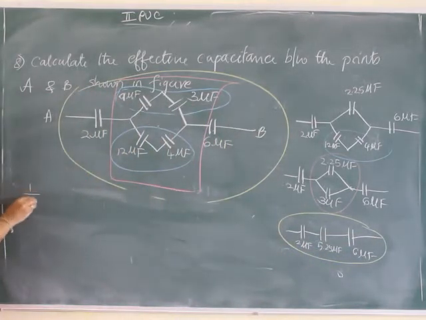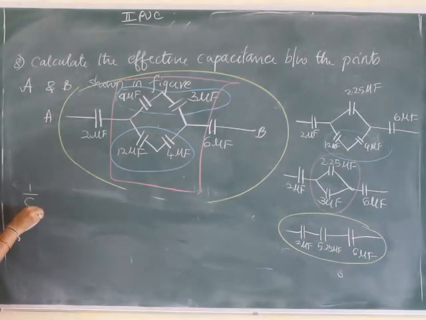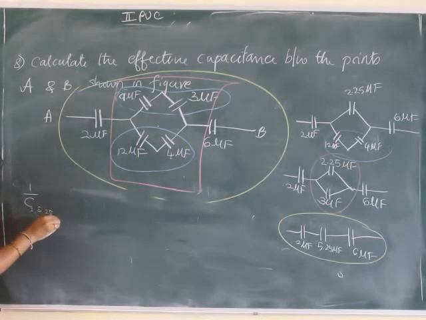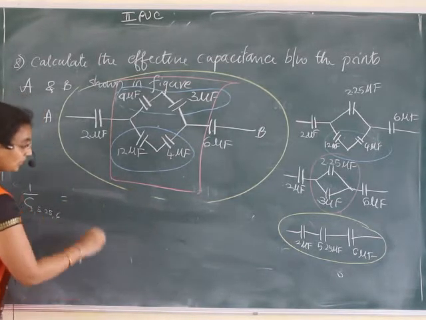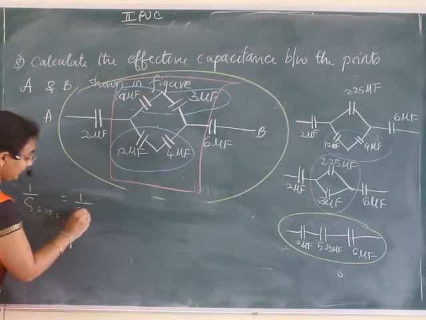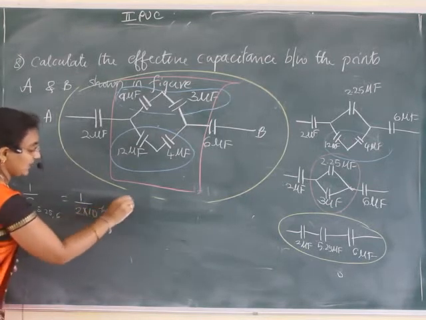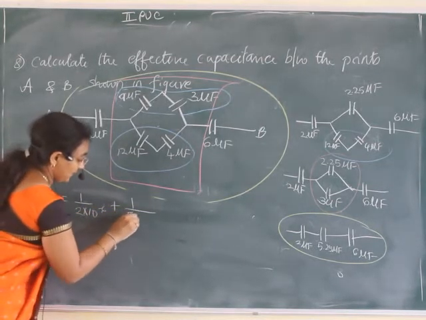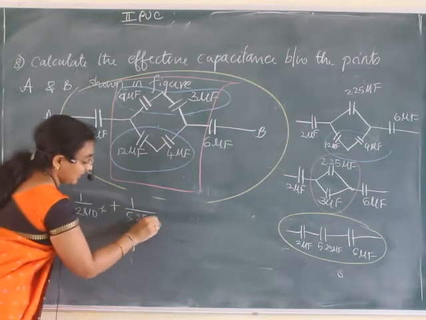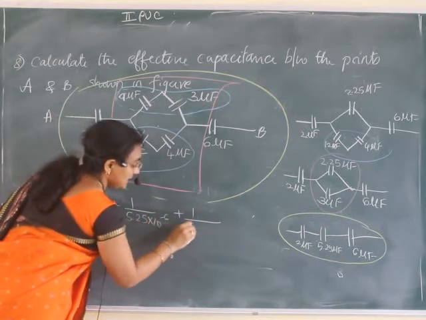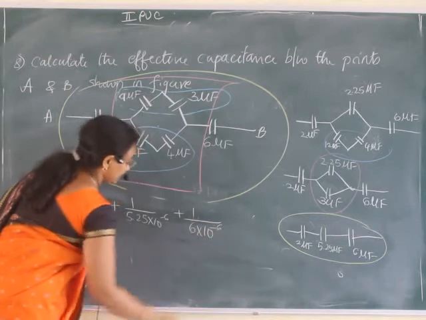So we can say 1 by CS, that is 2, 5.25, 6 is equal to 1 by 2 into 10 to the power minus 6 plus 1 by 5.25 into 10 to the power minus 6 plus 1 by 6 into 10 to the power minus 6.